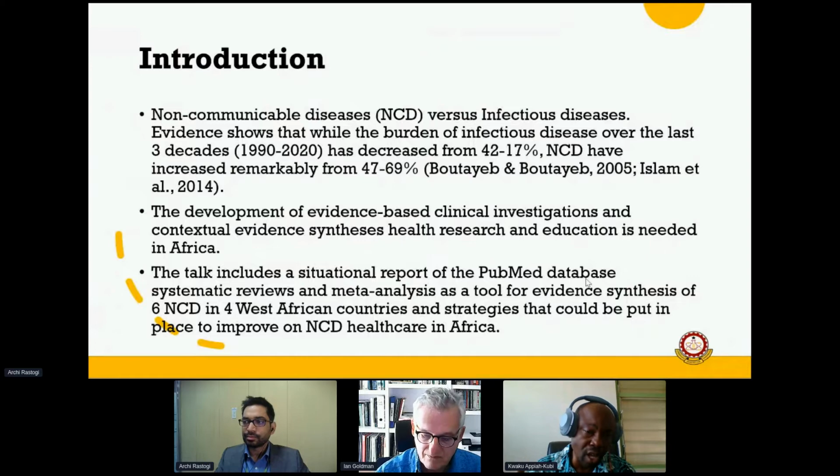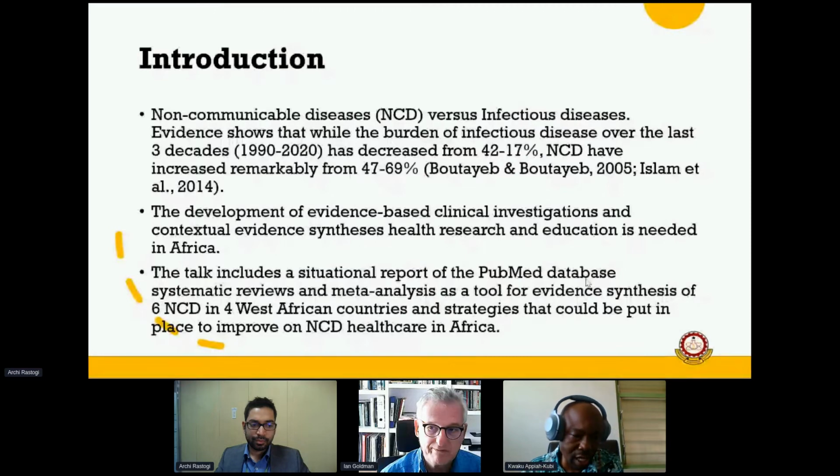We can employ evidence-based clinical investigations and also contextual evidence synthesis, health research and education in Africa to champion this cause. This is because there is clear evidence now that, comparing the North or developed countries to developing countries, non-communicable diseases are higher in developing countries than developed countries.